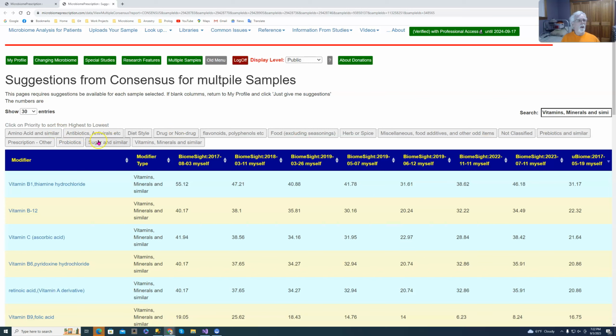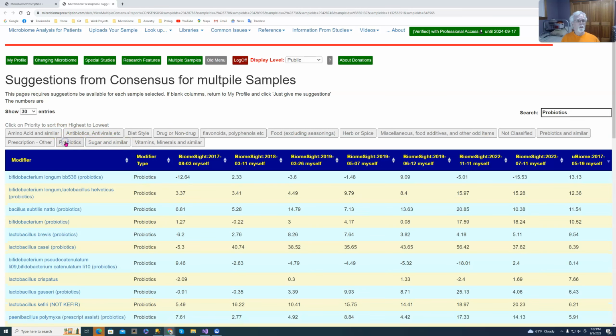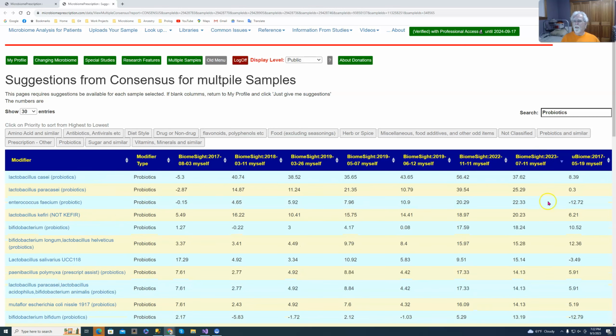Let's take a look at probiotics. This is a little sample in descending order, and we see the Bacillus casei had been a low one, relatively low originally, and then it changed.